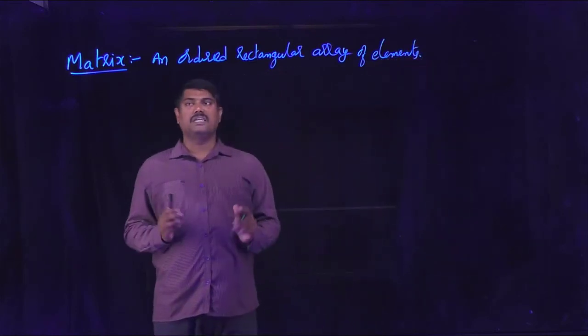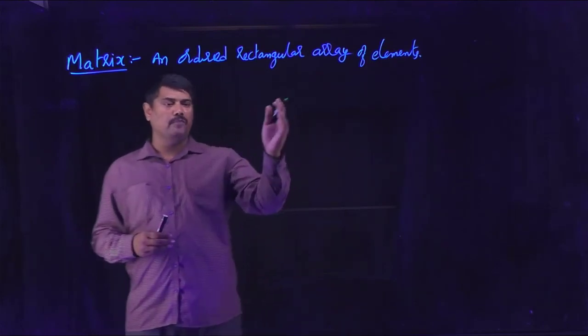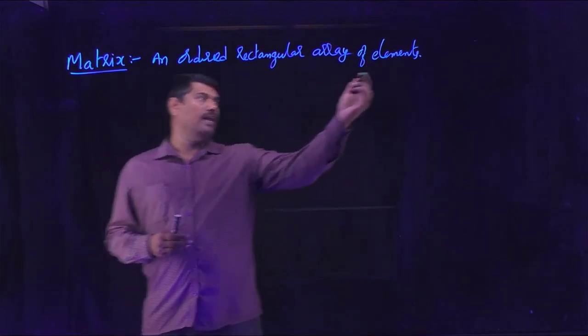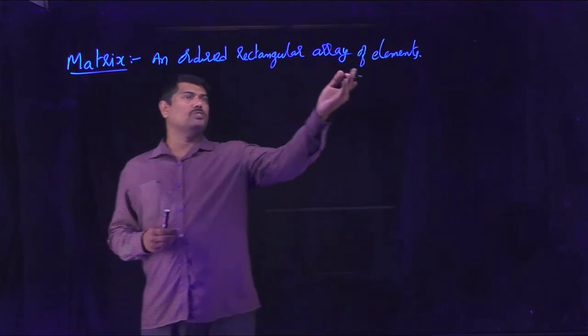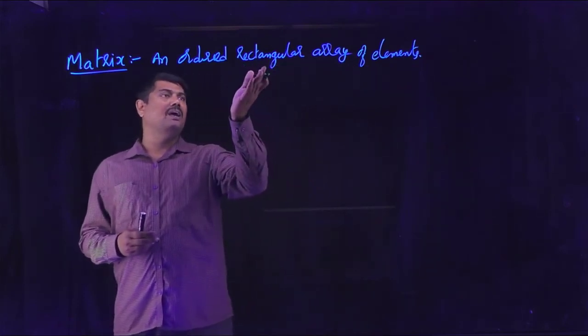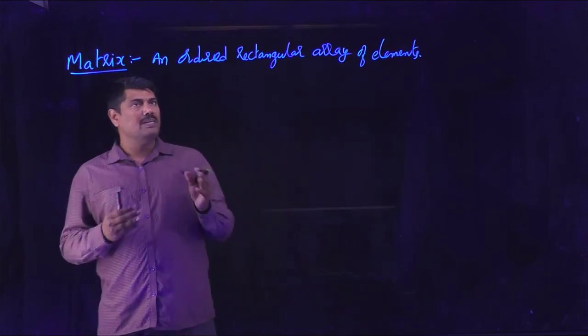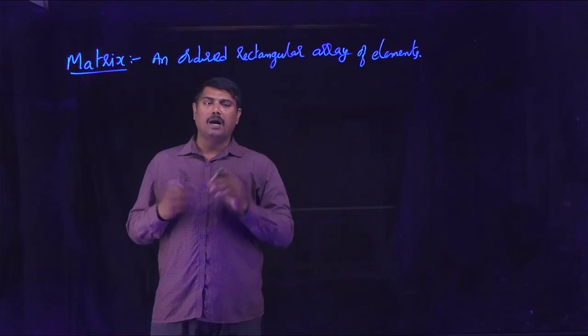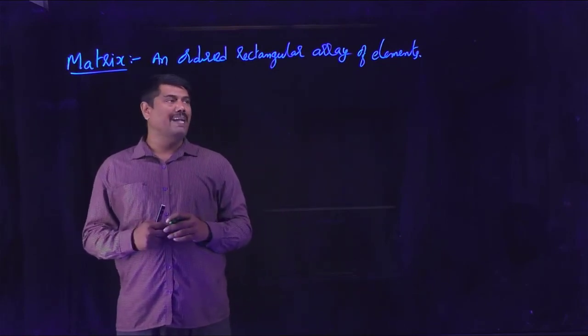This is the simple definition of matrix. Ordered, so we should follow an order of elements. Array means arrangement, and those elements are arranged in which format? In rectangular format, so that the order obtained is said to be the definition of matrix.